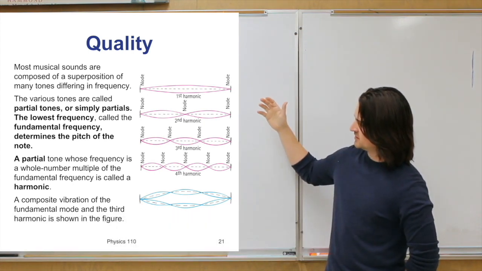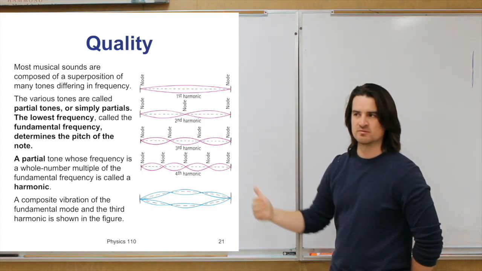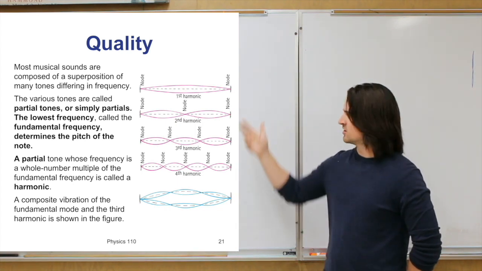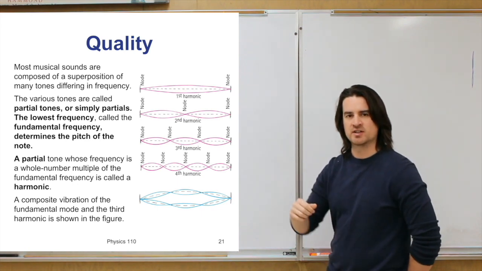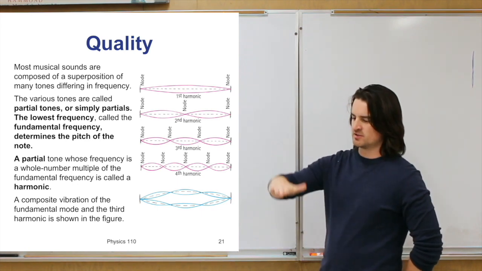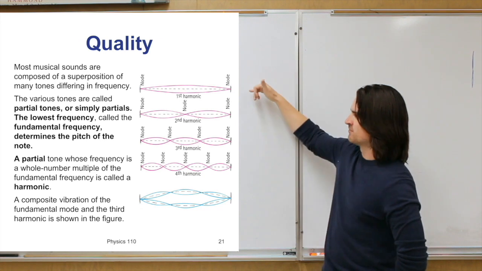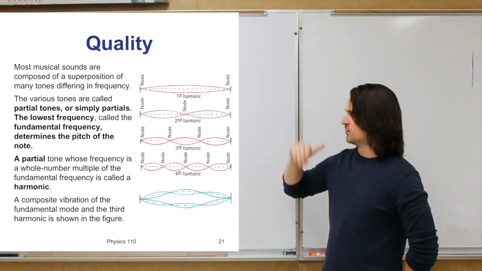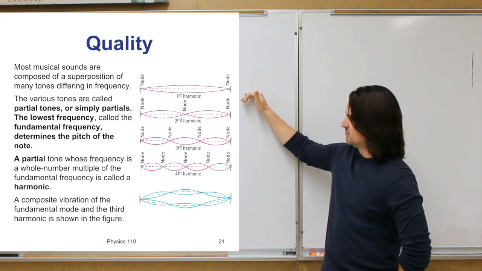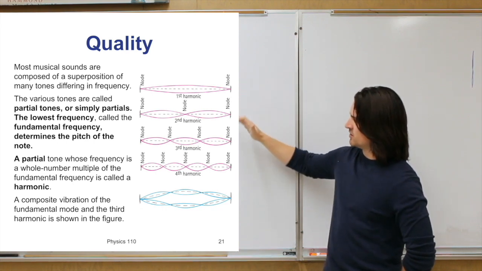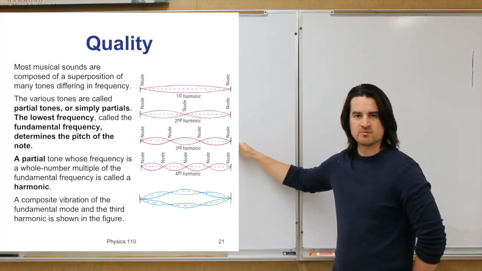When you have an instrument, think about this as even a guitar string. Maybe you pluck a guitar string, maybe the whole string is moving up and down and you're just getting that fundamental frequency. But more often than not, it's not just moving up and down. It might be moving up and down like this, but also vibrating at that third frequency as well.